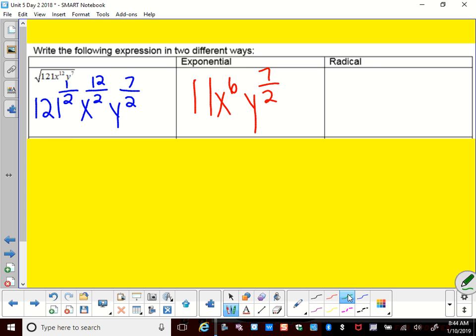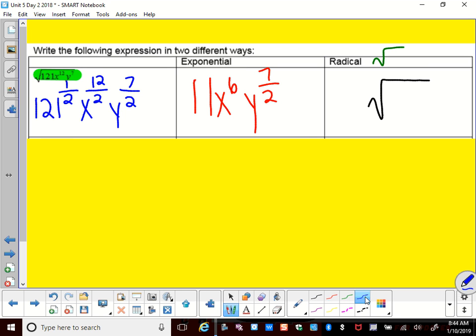All right, for the radical version, we're going to need a radical, okay? What we're doing is we are doing what we did today. For my radical, I'm looking at this, and I'm going to take out things that I can. What is the square root of 121? 11.